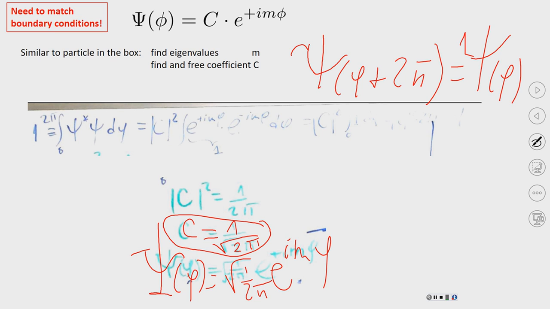And if we are thinking in terms of one-dimensional motion, it is a periodic boundary condition. So it's like a box of the size 2 pi, departing on one side and reappearing from another side. So it is related to periodic boundary conditions.